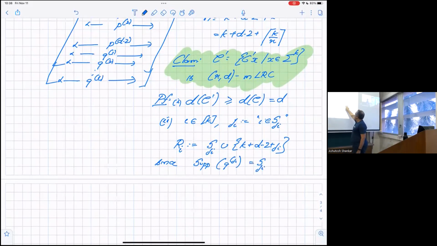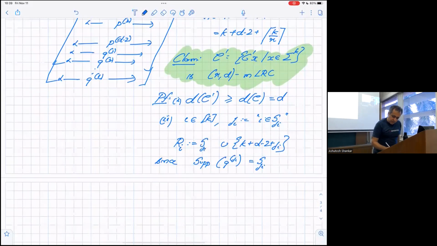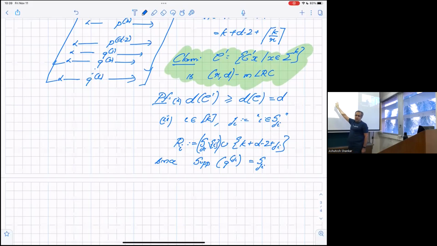Therefore, if you have all the locations in S_{J_i} minus i and the parity symbol, which is a linear combination of everything here including i, you can certainly recover the ith symbol. I'm just using the fact that the support is the whole thing. So for every i we get this.